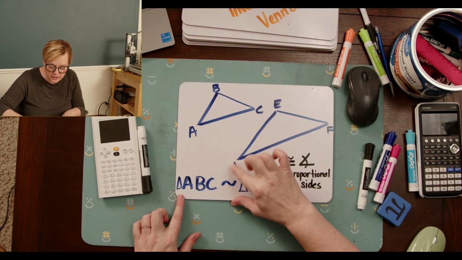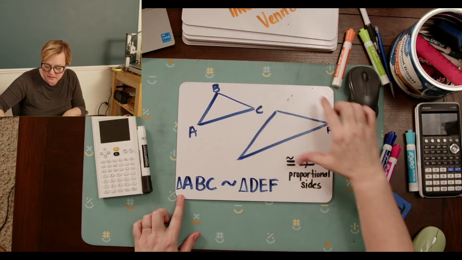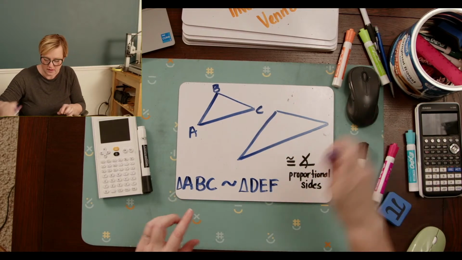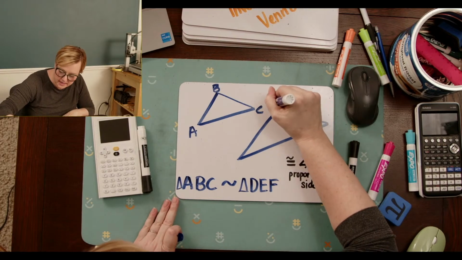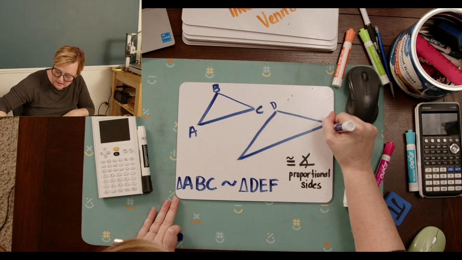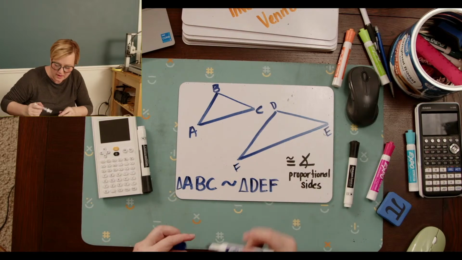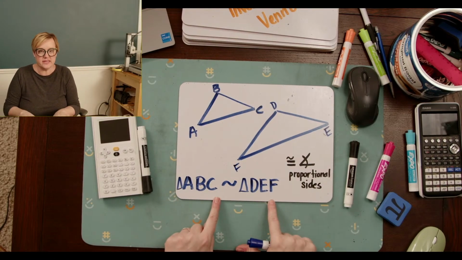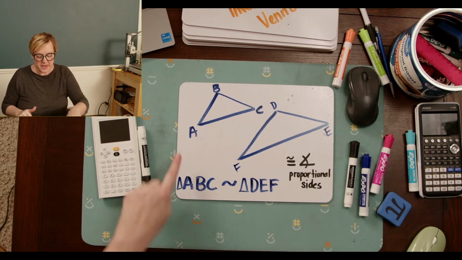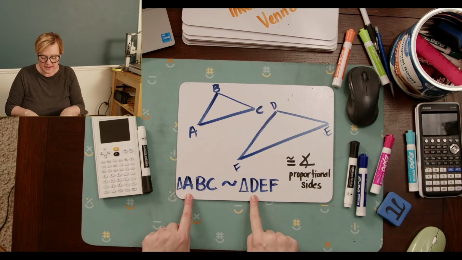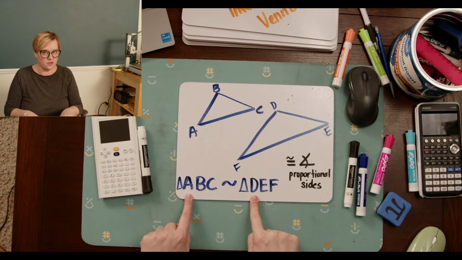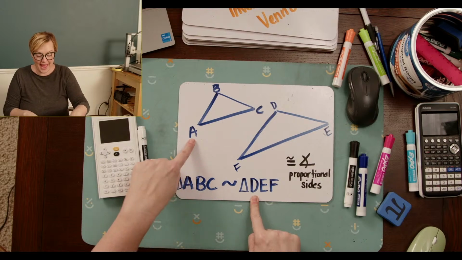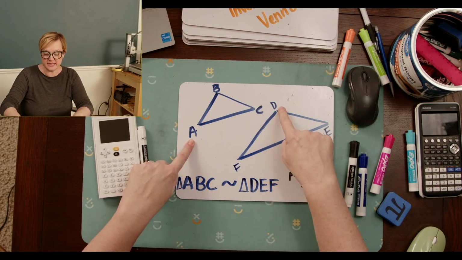If I were to change this to D, E, F, this similarity statement is wrong now, because angle A does not correspond with angle D. Angle A is here, and angle D is up here.